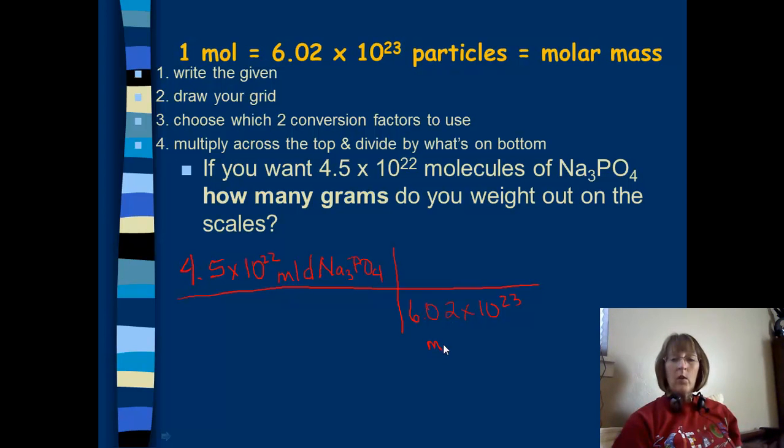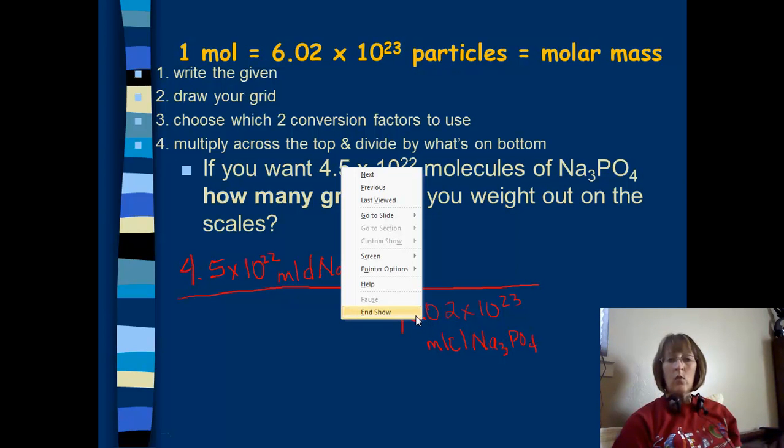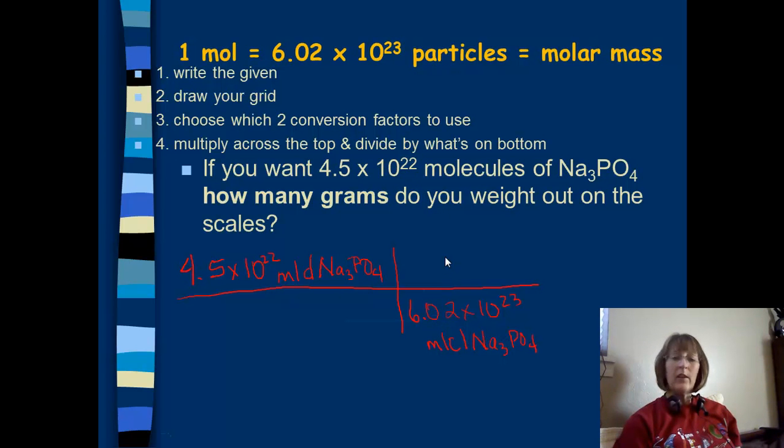But I'm going to go ahead and just put molecules right down here, Na3PO4, because I feel like it and I can. We all know, yes, they're formula units. Oh, crud. Let's see if we can just get rid of that. Oh, there it went. Okay, so, and then up here, I have to figure out what I have up here.